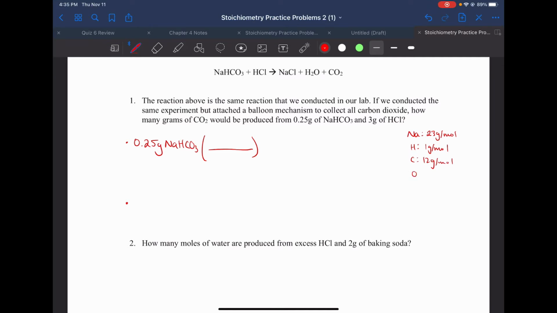And oxygen, but we have 3 of them, is going to be 48 grams per mole. So add them all up: 48 plus 12 plus 1 plus 23 gives us 84 grams of baking soda per mole.